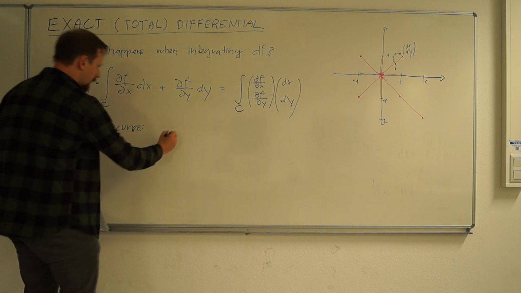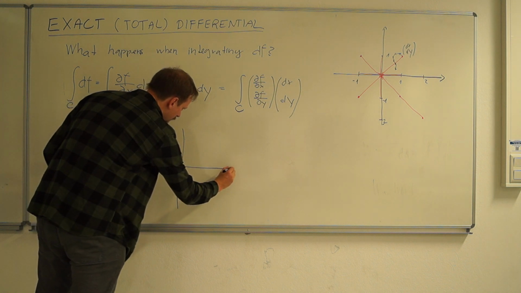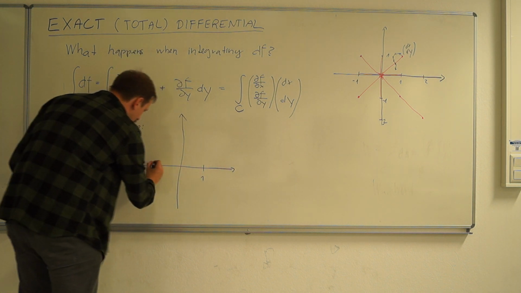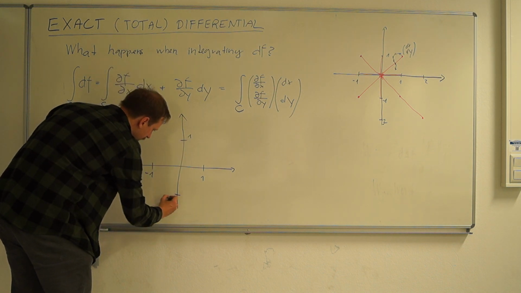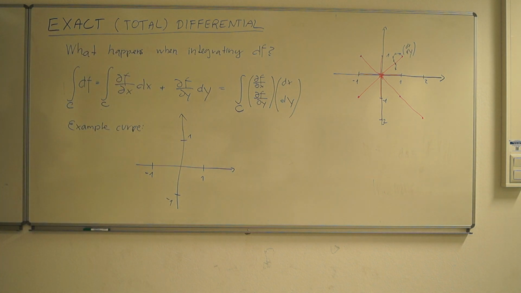So again, we have our xy plane. And let's say a good example is the unit circle. And we would like to traverse the unit circle counterclockwise.